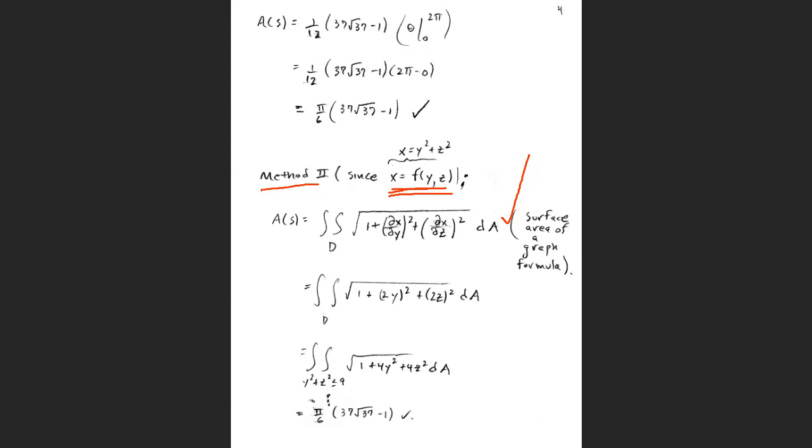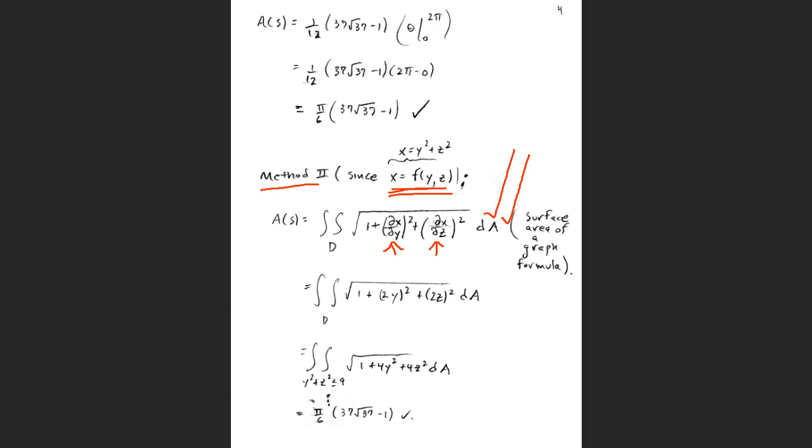So you differentiate x with respect to y and x with respect to z, because x is the dependent variable and y and z are your independent variables. The formula in the book for the surface area of a graph of a function is where z is a function of x and y. But here, x is a function of y and z. So you have to alter the formula a little bit. And that's what I did here.